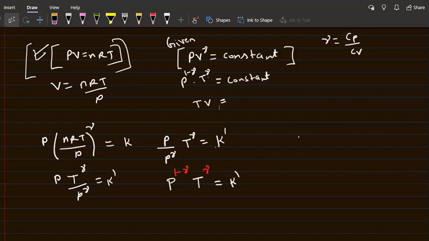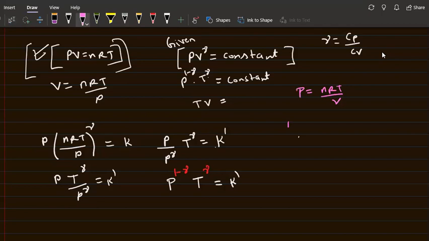Okay, Owais, you found it. So we'll do the same thing, right? So we just have to replace P in the first equation, right? So I can say that P will be equal to nRT by V. I'll just put it in the first equation only.